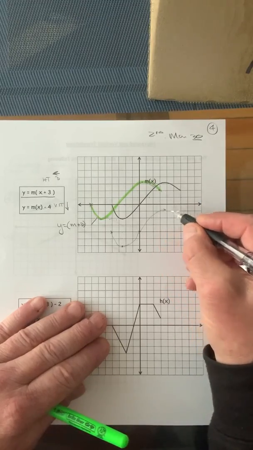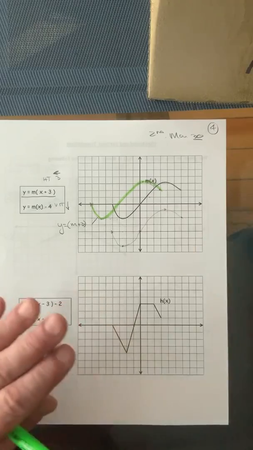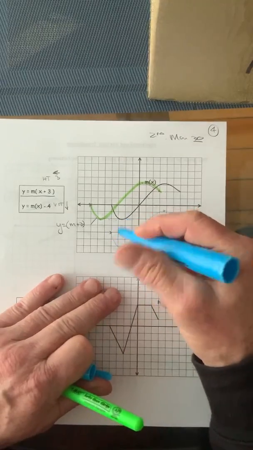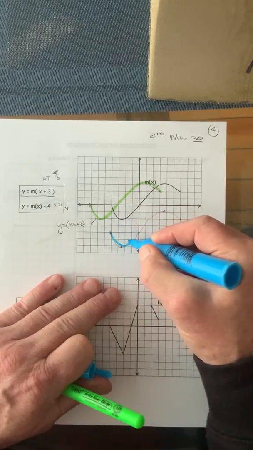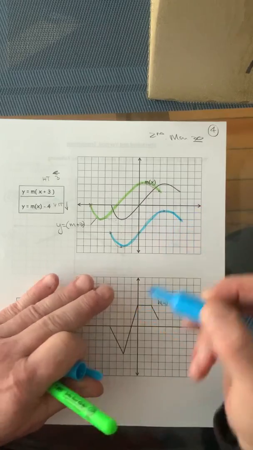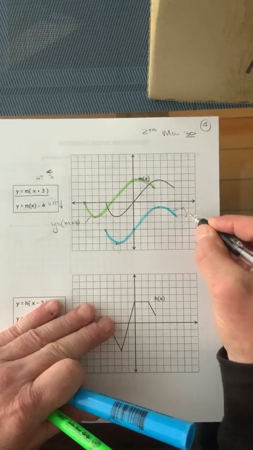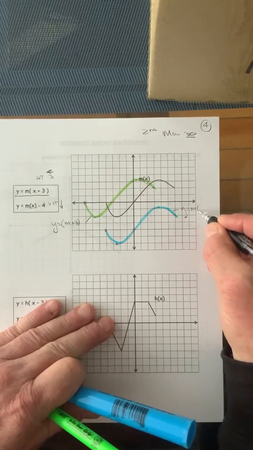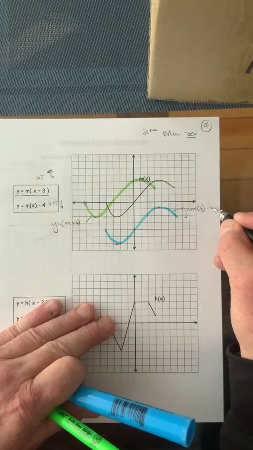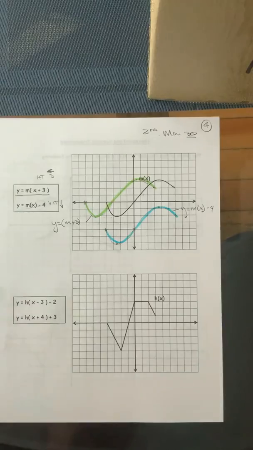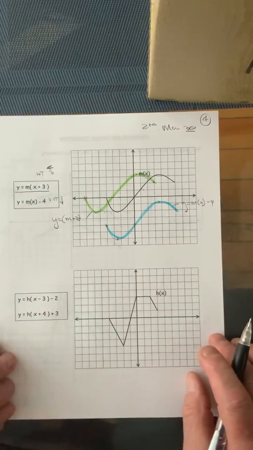And I will get something like that. Try and draw it. Nice smooth curve. We can only be so accurate, but it should be pretty good. y equals f of x minus 4. Harder to do because they're not straight lines.